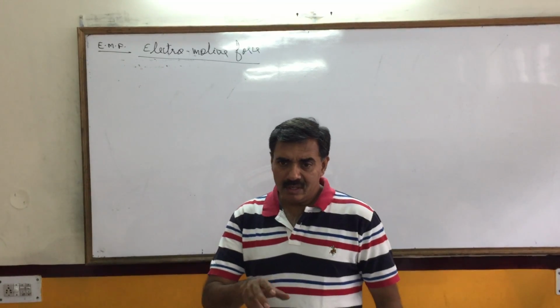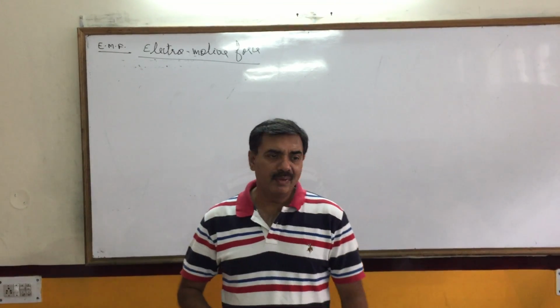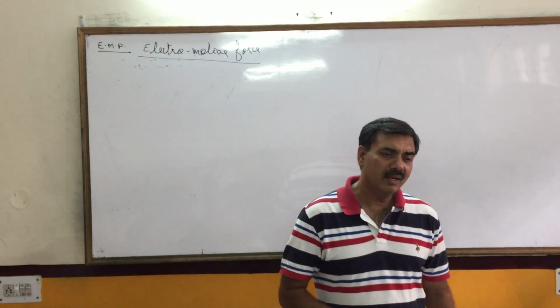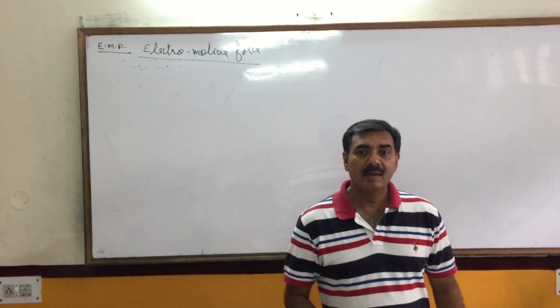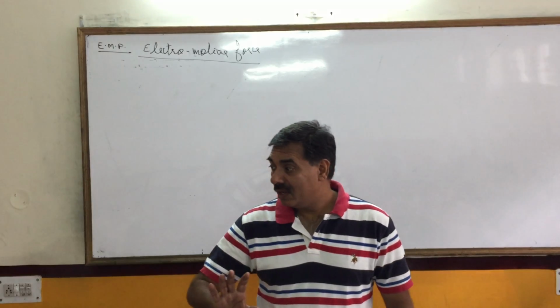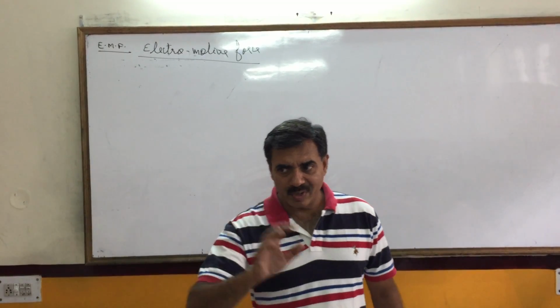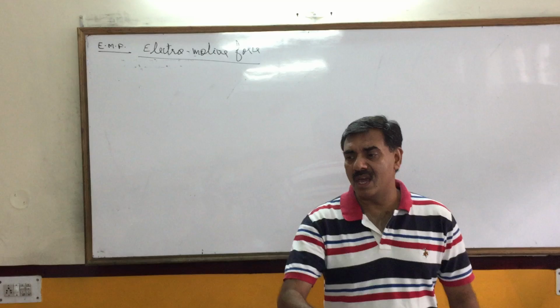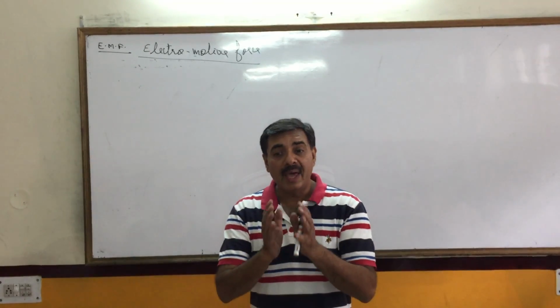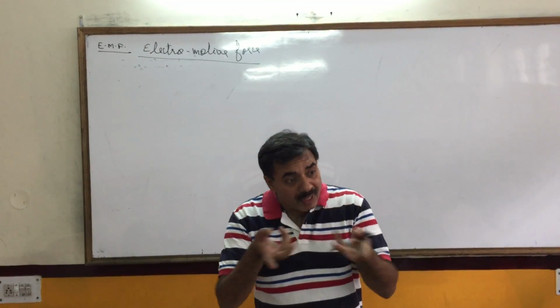This is actually the difference of potential between the electrodes of a cell for an open circuit, when we are not drawing a current from the cell. This is the energy which is there to be supplied.